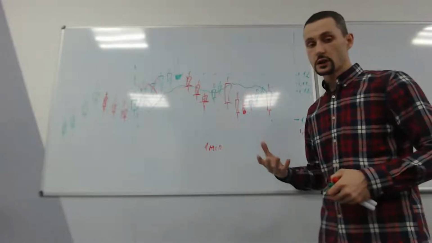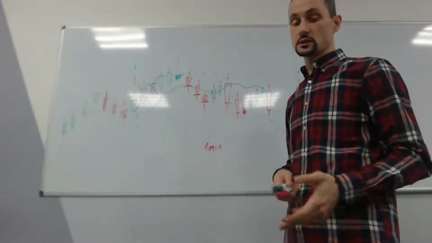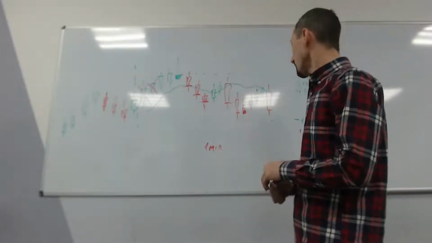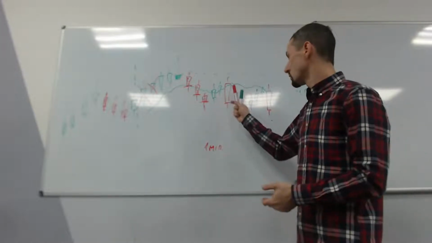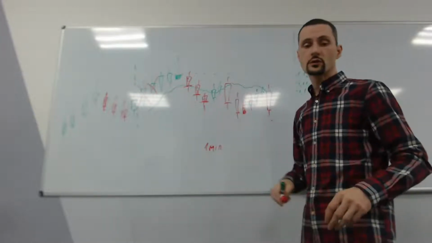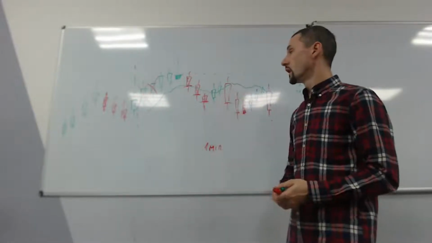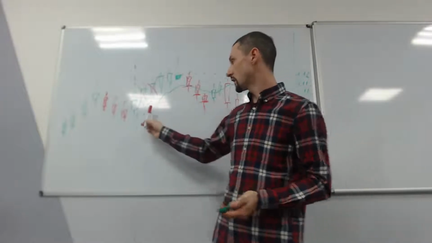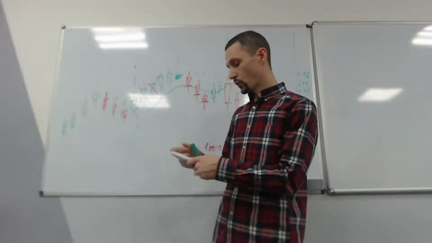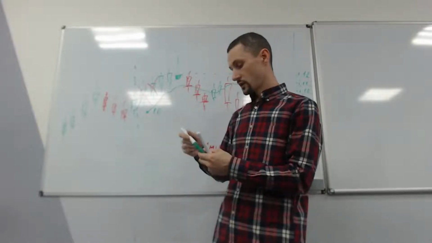This is the downtrend. And this is dynamic. I would call the moving average a dynamic resistance line here and a dynamic support line here.